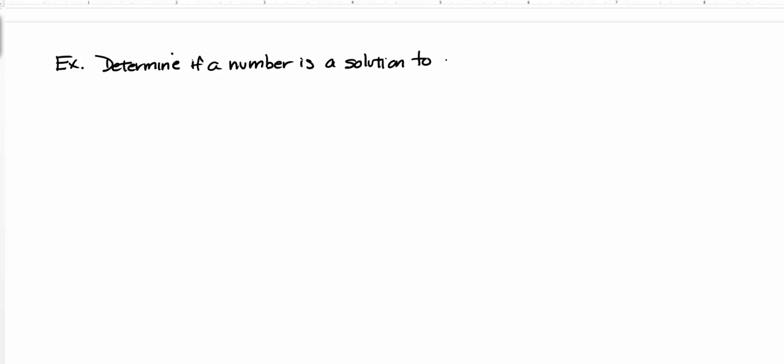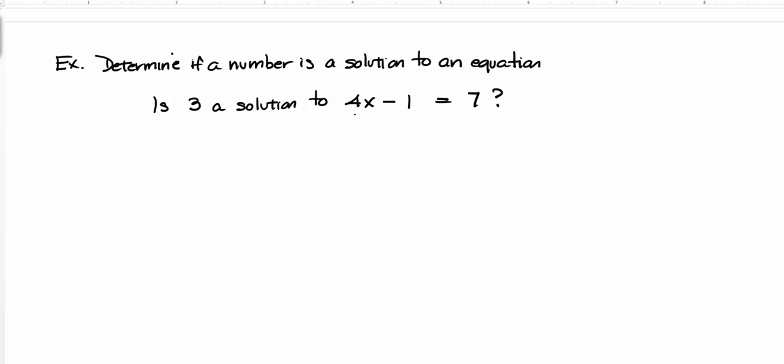Sometimes you might be asked to determine if a number is a solution to an equation. That just means when you plug that number in, do both sides equal? For example, is 3 a solution to the equation 4x minus 1 equals 7?